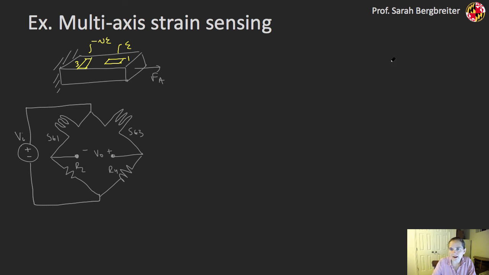So given that, I can calculate what the bridge constant is for this particular topology. So kappa in this case is epsilon 1 minus epsilon 2 minus epsilon 3 plus epsilon 4, divided by epsilon. In this case, epsilon is going to be my axial strain as well. So here epsilon 2 is 0, epsilon 4 is 0, so I'm just left with epsilon 1 and epsilon 3.